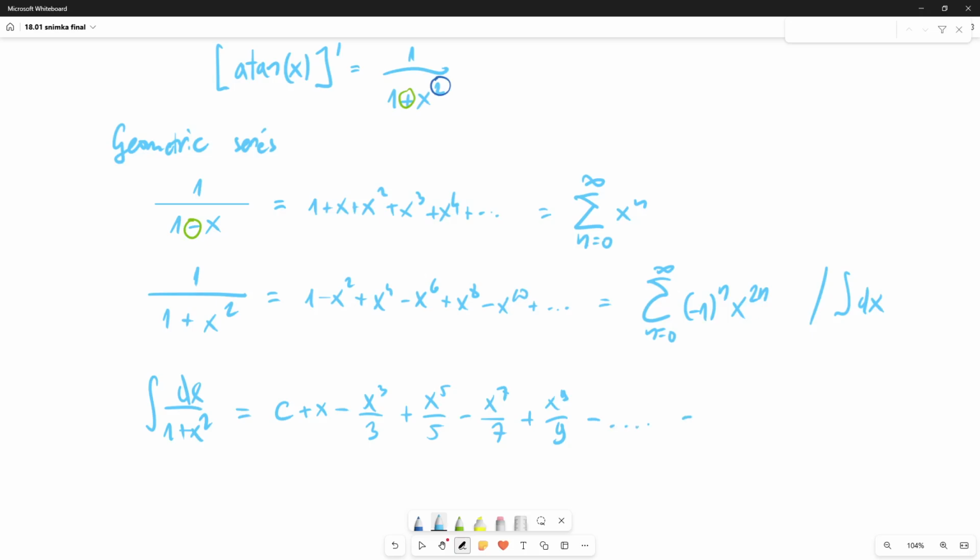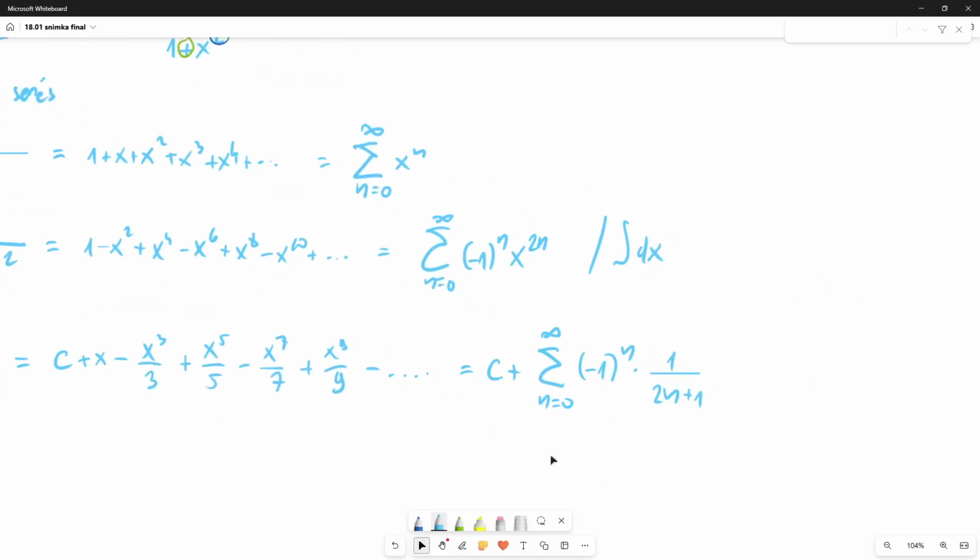And this can be written down as a constant c plus the sum, where n goes from 0 to infinity, of minus 1 to the power of n times 1 over 2n plus 1 times x to the power of 2n plus 1.